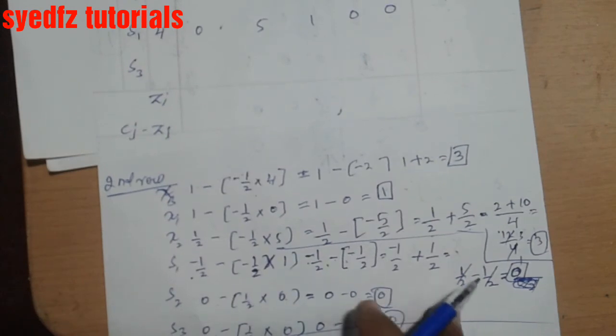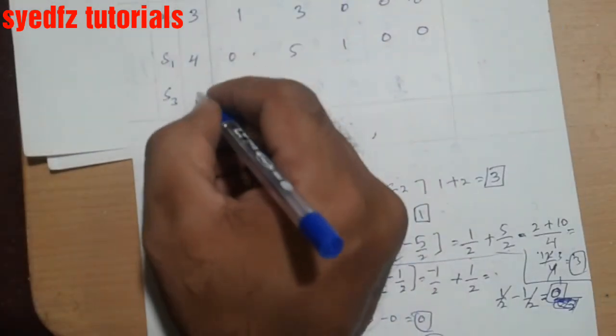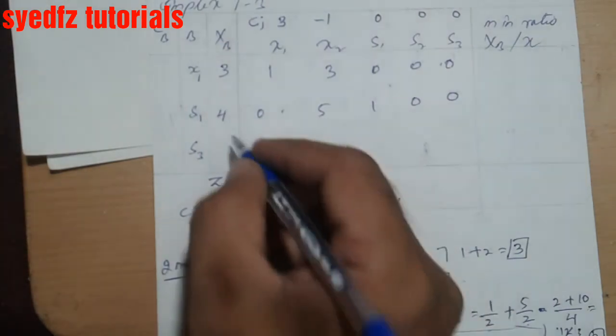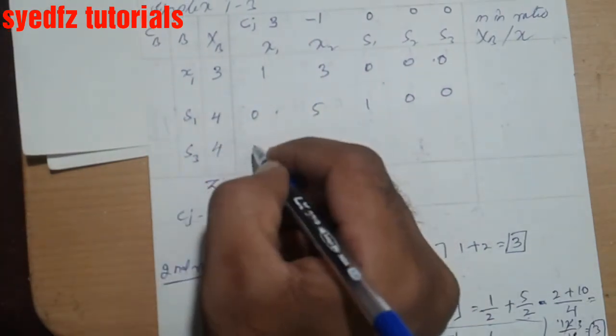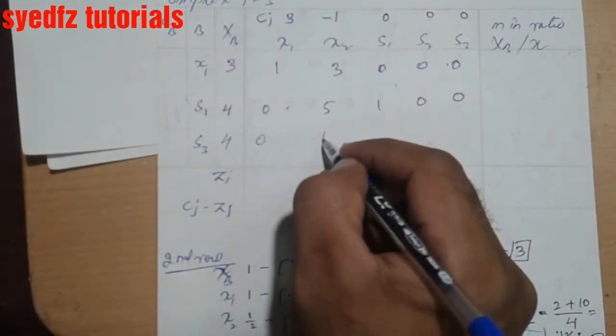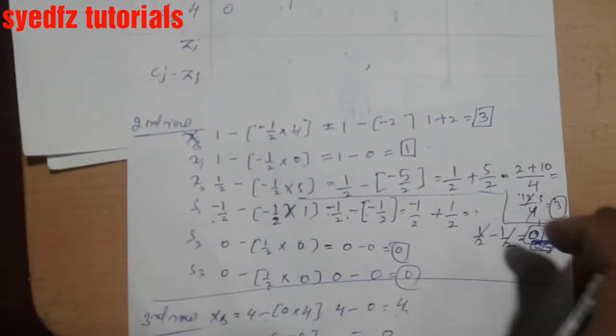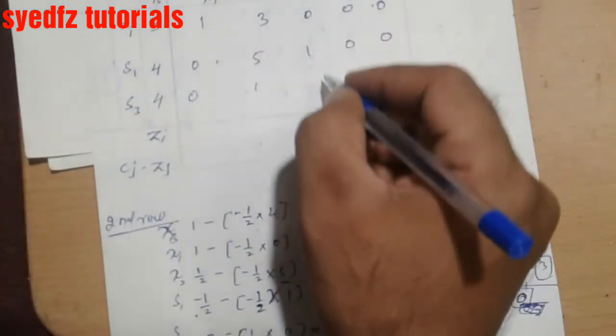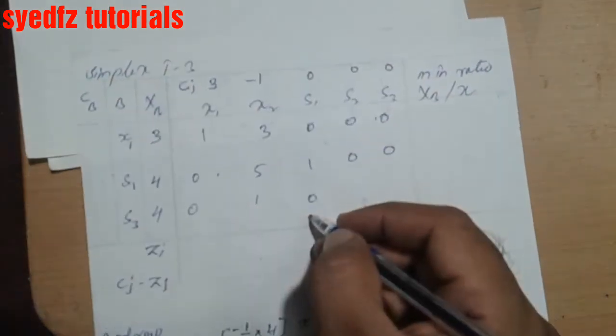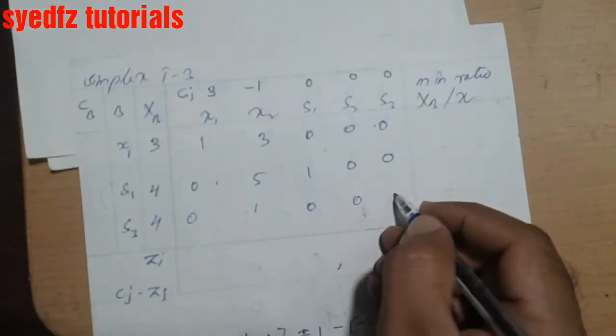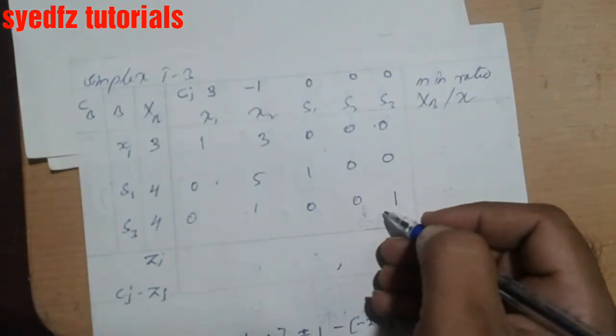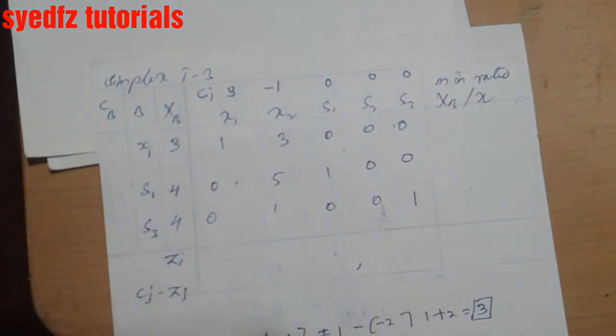So for the third row, 4 0 1 0 0 1. Now calculate the ZJ. How will you calculate? First you have to take x1.